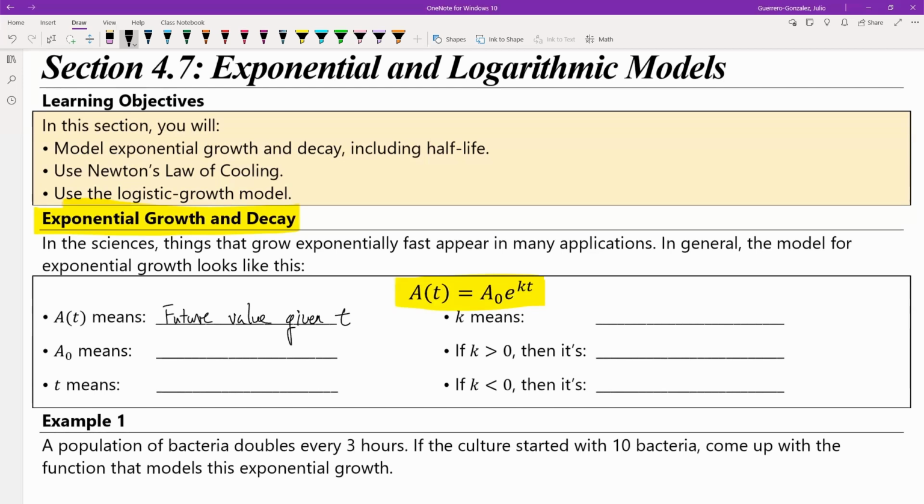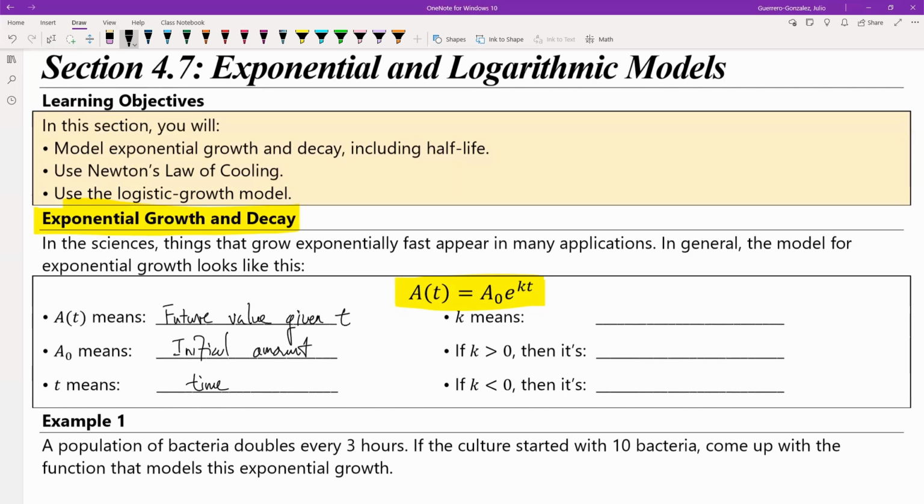A naught is what we call the initial amount, and t usually means time, whatever time that may be. You're not restricted to a year in this case. You can use hours, minutes, or weeks if you wanted to.